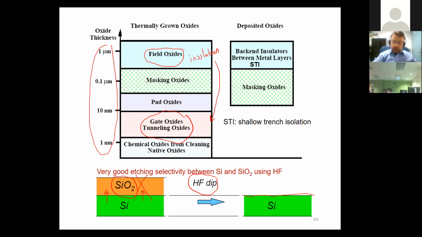HF, I'd like to remind you, is, as I said, a nasty acid. It's not because it's a strong acid, that's actually counterwise. Most of the time it is diluted, and if there's a spill somehow, it will be quite difficult for you to notice it if you don't realize it immediately.